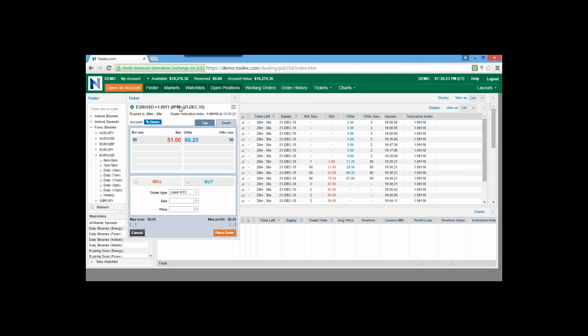Okay, so right now, since we've got a little time, it's still kind of right there on the edge, but as it gets closer to expiration, it has to start moving quicker towards 0 or 100. And when it expires, if it's above 0911, it'd be worth $100, or if it's 0911 or less, it'd be worth 0.